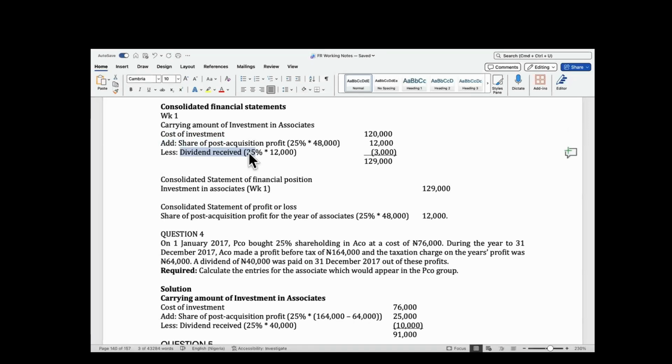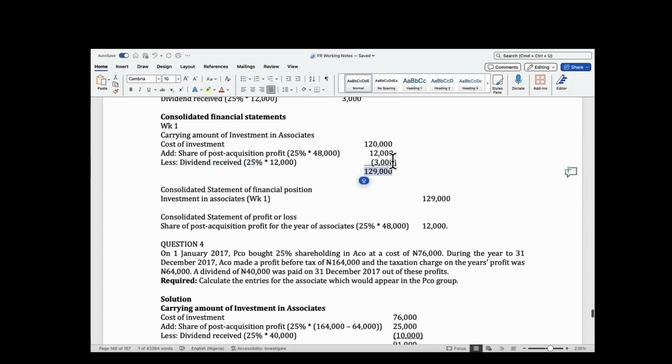That's what you're going to recognize in your books as the value of your investment in the associate in the consolidated account. Additionally, if there are any impairment losses, you also remove that from this investment.